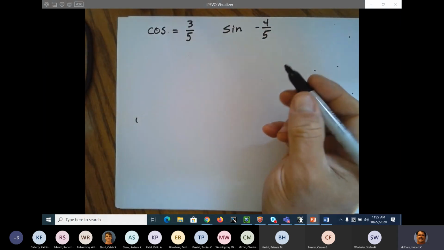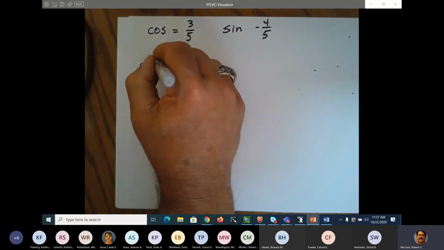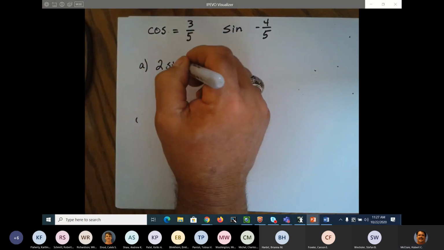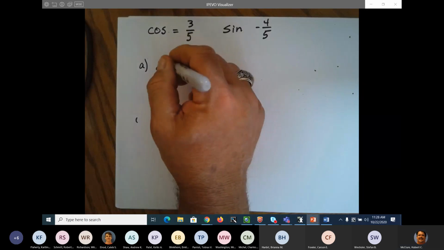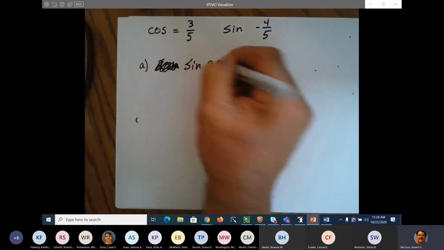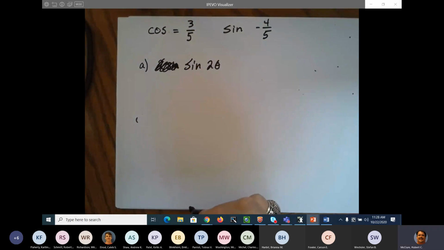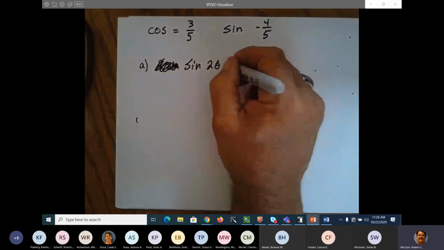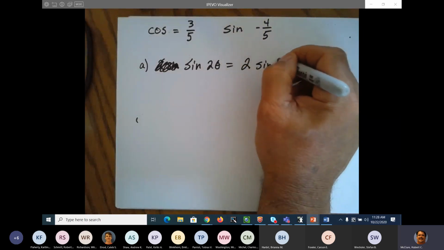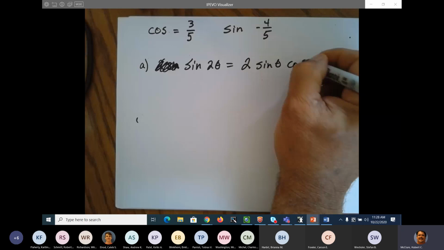And we want to find A, sine of 2 theta. So the sine of 2 theta is going to be equal to 2 sine of theta times cosine of theta.